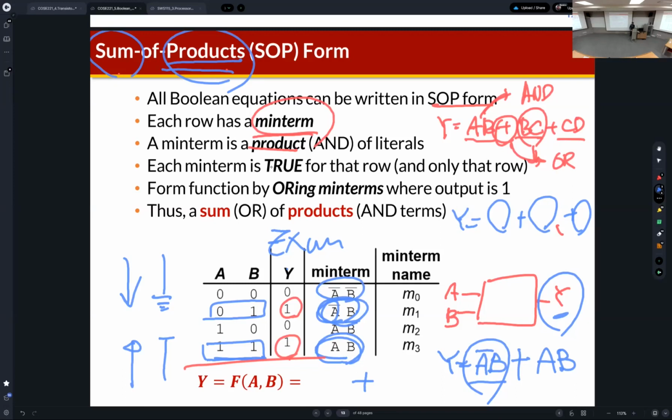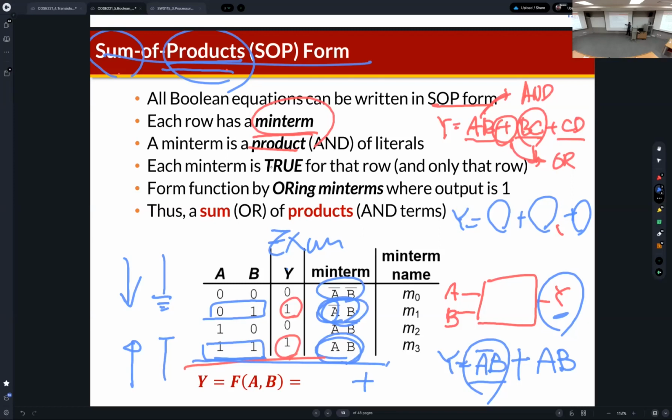So in the sum of products form, by combining min terms and then ORing min terms, we can make y 1, and we can implement a Boolean equation that meets the functional specification of this truth table.